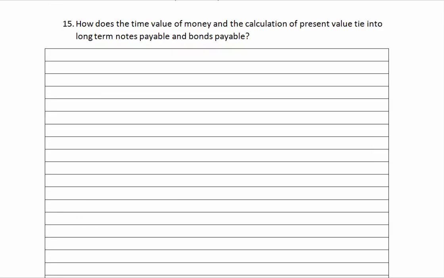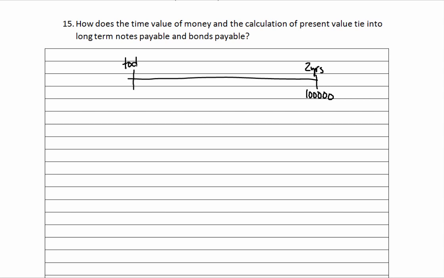How does the time value of money and the calculation of the present value tie into long-term notes payable and bonds payable? Let's say that I owe somebody $100,000 in 2 years' time.